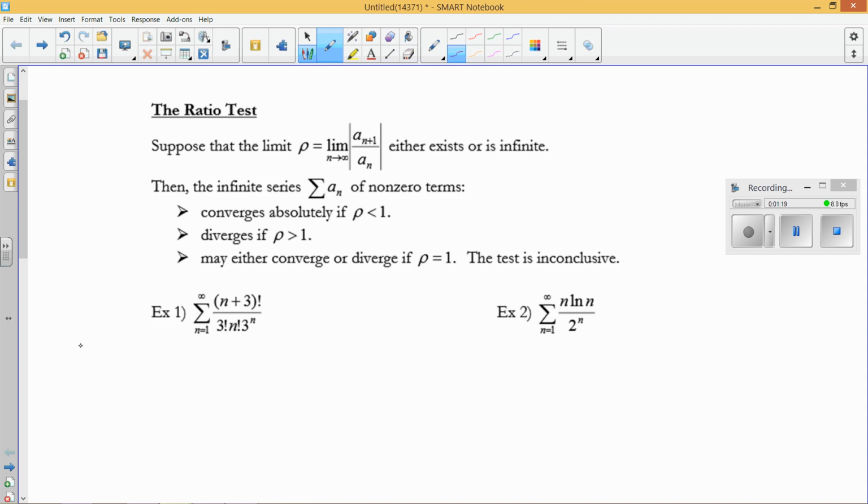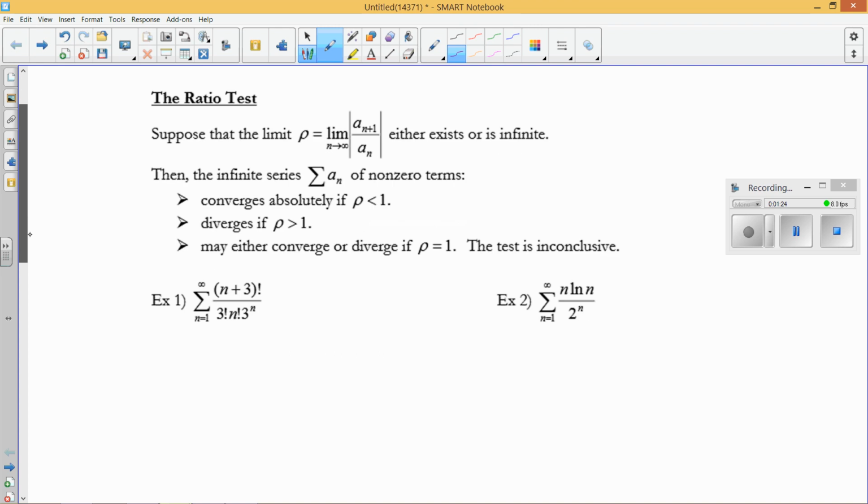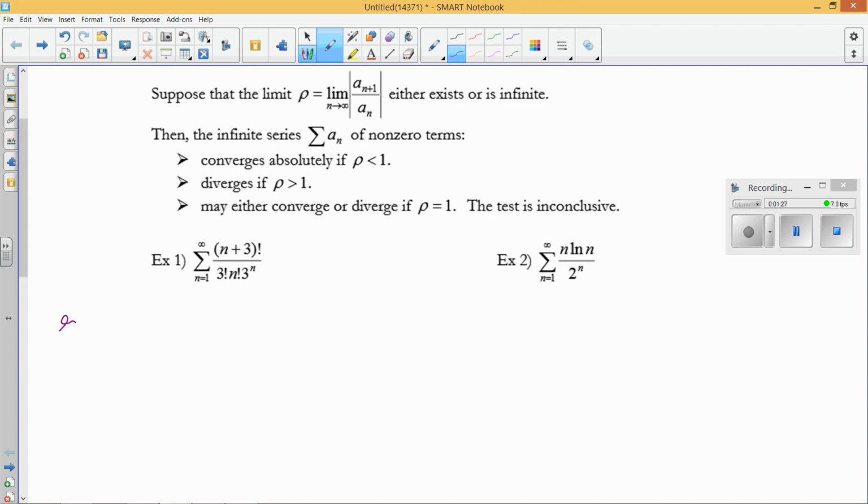Really all you're going to do here is take the limit as n approaches infinity of a sub n plus 1, which is going to make this n plus 4 factorial divided by 3 factorial n plus 1 factorial, and then 3 to the n plus 1 times a sub n flipped upside down.